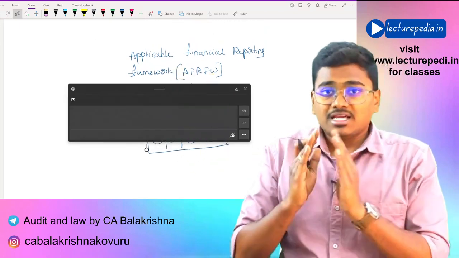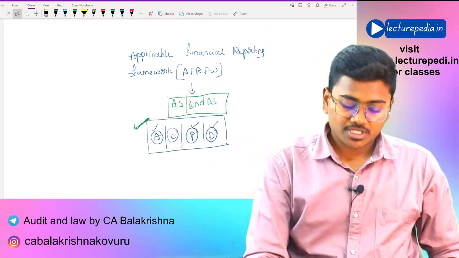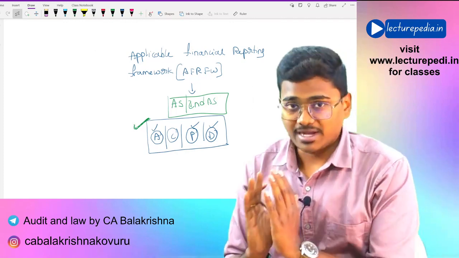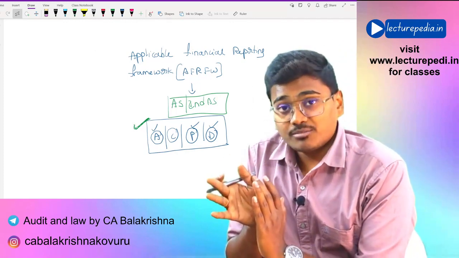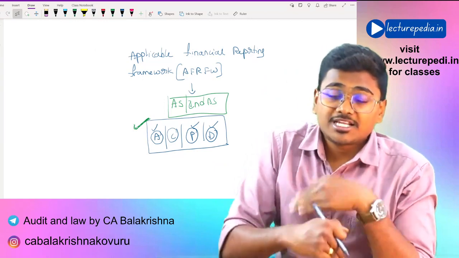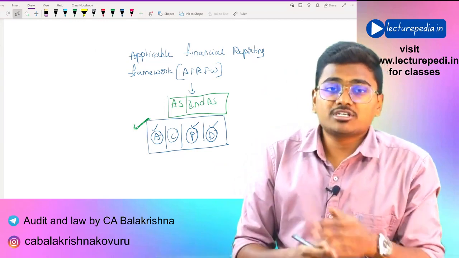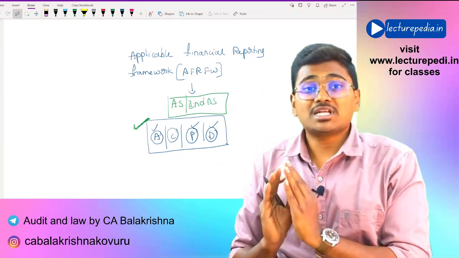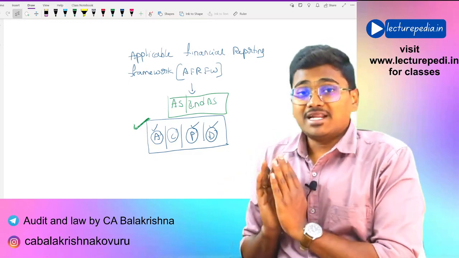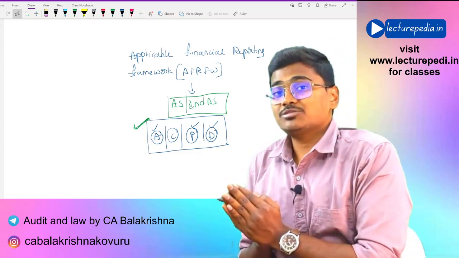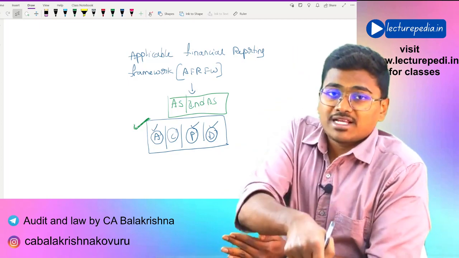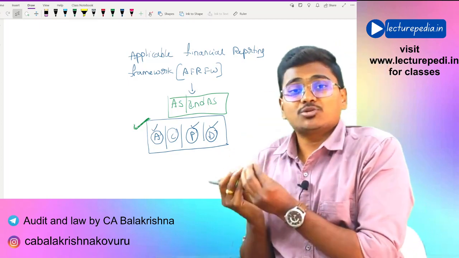That means the actual ACPD presented by the management is different from the ACPD required as per the applicable financial reporting framework. So this is known as misstatement, because management has not prepared as per the requirement of the applicable financial reporting framework.